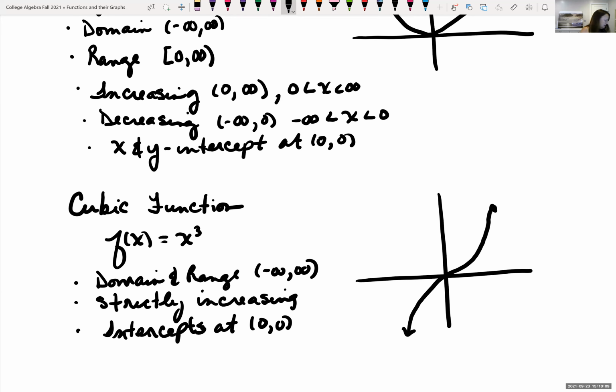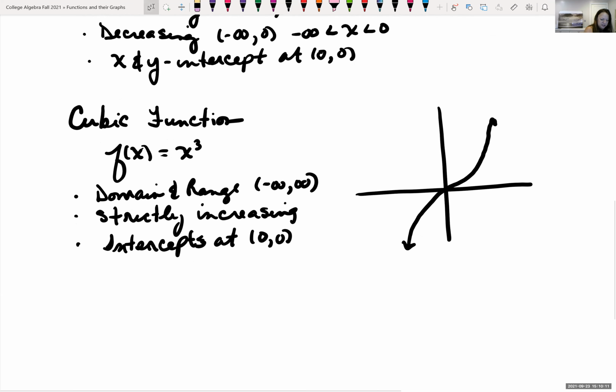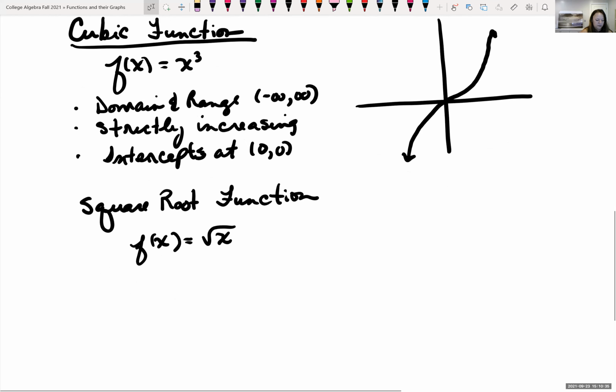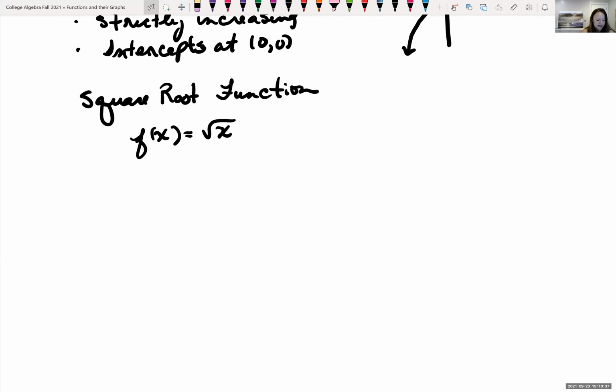We have the square root function. This is f of x equals the square root of x. Our domain has to be limited because we have that radical, and it's even powered, so x has to be greater than or equal to 0.